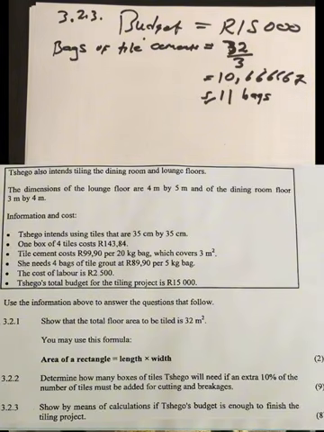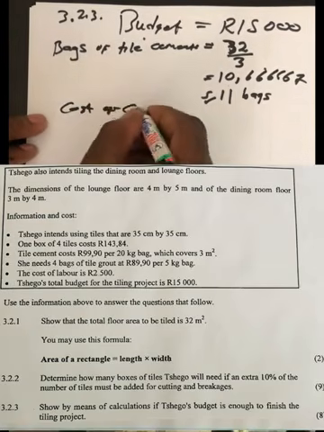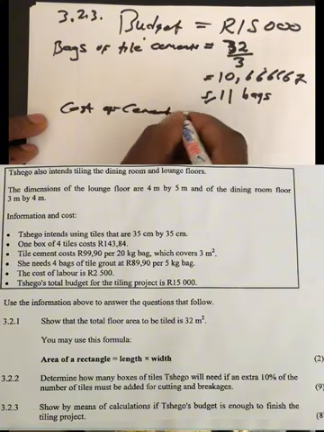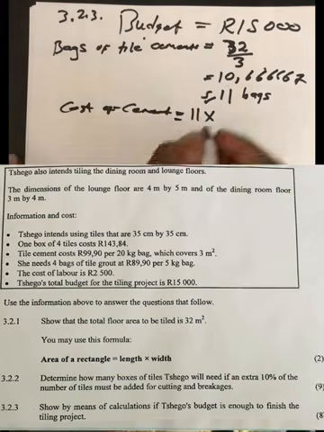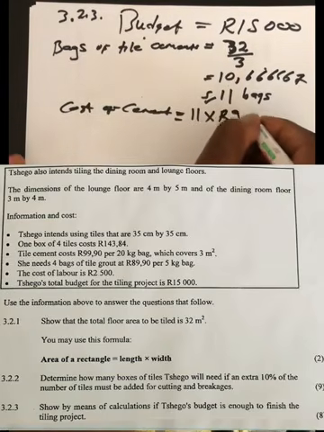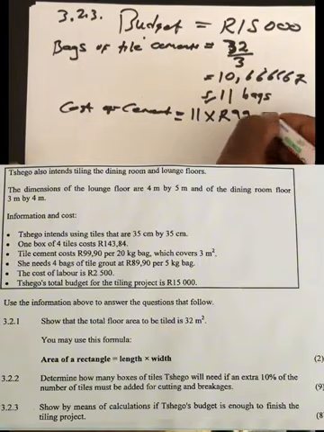So we know that one bag is equal to how much? It's equal to 99.90 rand. So the cost of cement is going to be 11 bags multiplied by the unit price, which is 99.90.